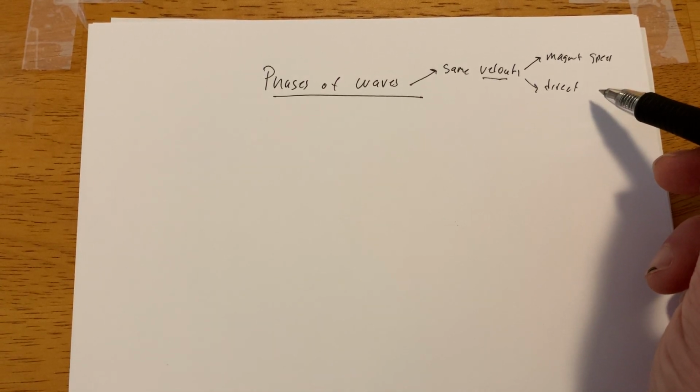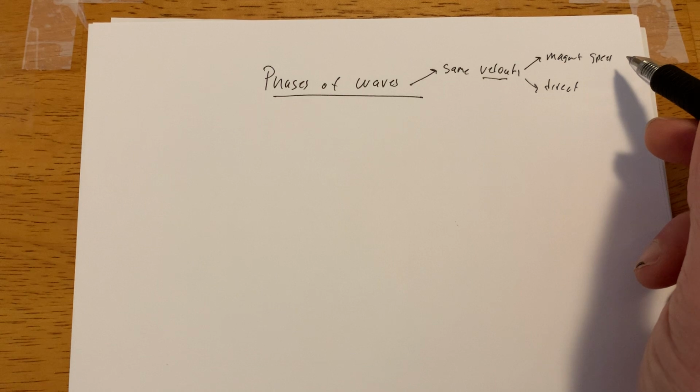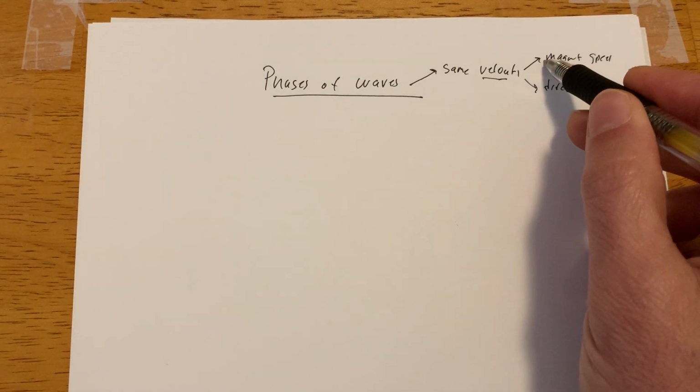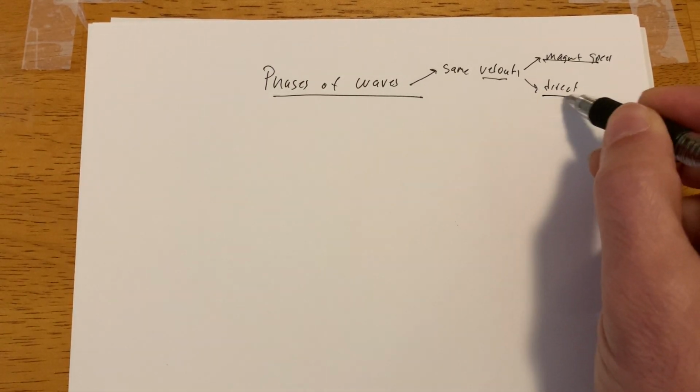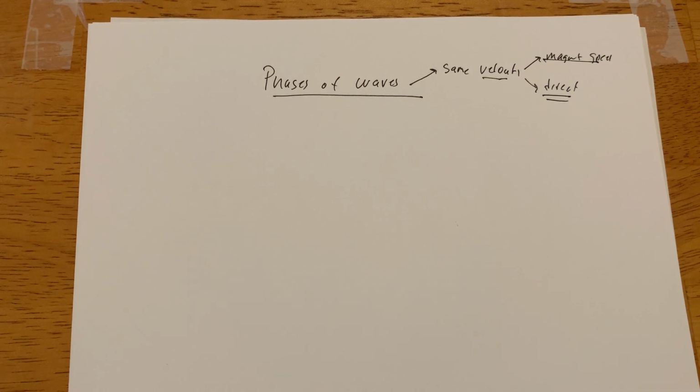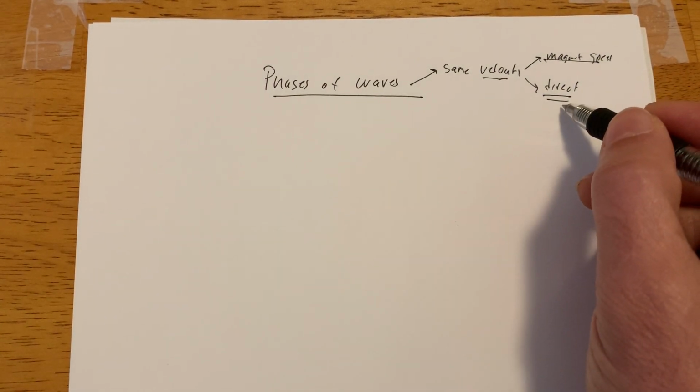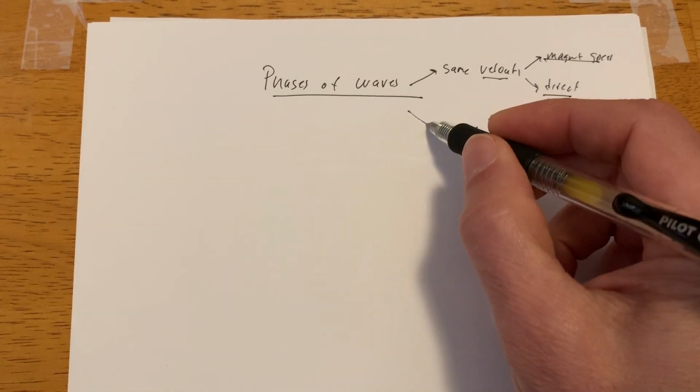Well, I will tell you now, the speed of all the points on the wave is exactly the same. So I'm not worried about the speed, but I am concerned about the direction of the points. Remember, the points can be moving up and down. So if 2 points are in phase, they share the same direction, meaning up or down. What's next?